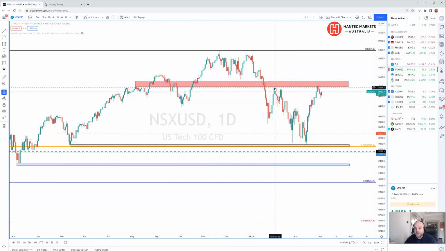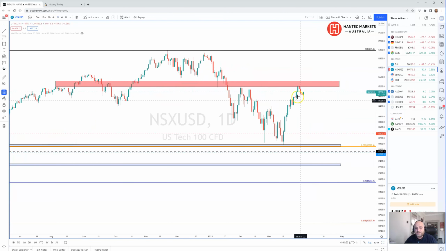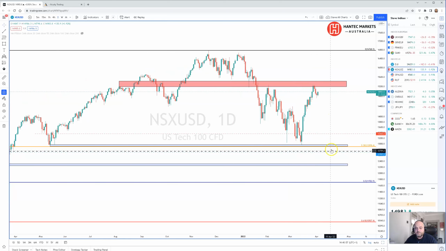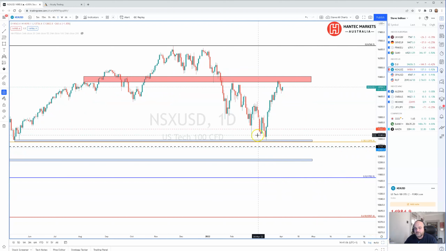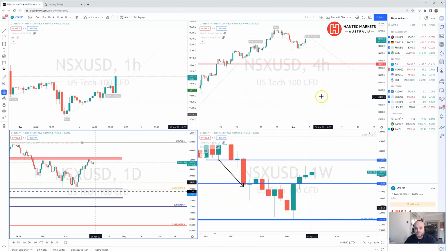More recently, the 2nd of Feb, and we got rejection from here at the end of March, 29th and 30th of March, with this move lower. So an initial rejection from here, and on the supportive side of things, support really not seen till around about the 13,000 level. So plenty of room for a correction after this impulsive move that we've seen over the last couple of weeks.